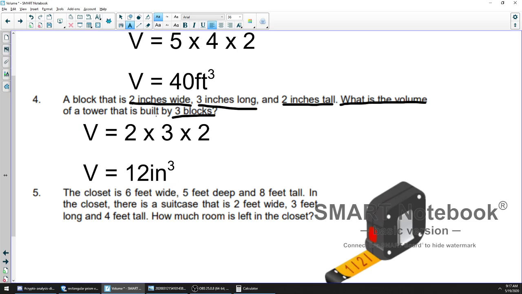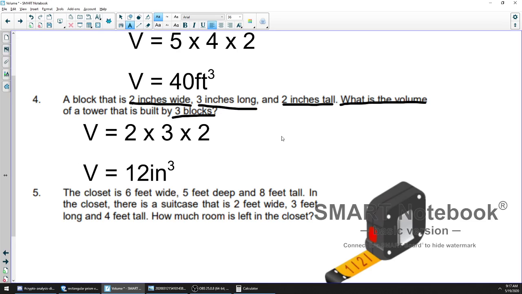Now it says we're going to build it by 3 blocks. So how many 3 blocks would fit in a 12 block? Kind of think of it like a Rubik's Cube, okay? How many pieces are inside or make up the volume?